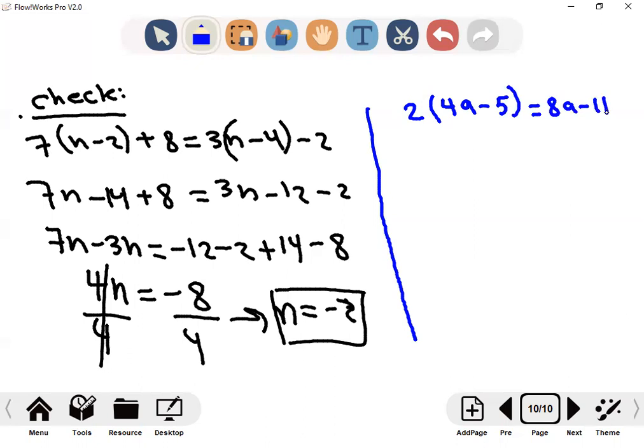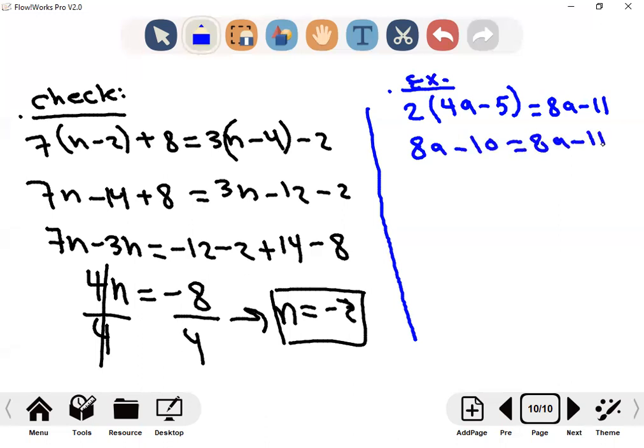Let's get rid of the parenthesis. Yeah, 2 by 4a. 2 multiply 4a, 8a. Minus 2 by 5, 10. So this one, 8a minus 11.